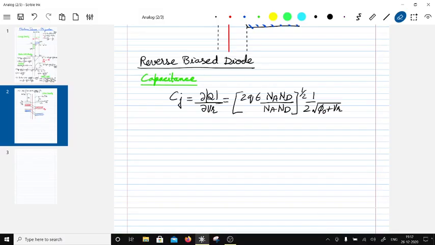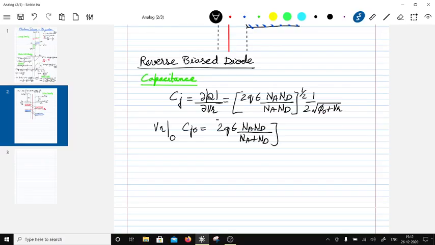Now at VR equal to 0, this CJ0 would be equal to twice Q epsilon NA ND divided by NA plus ND, raised to half, and then there is a half here, and there is a 1 over square root of psi0.